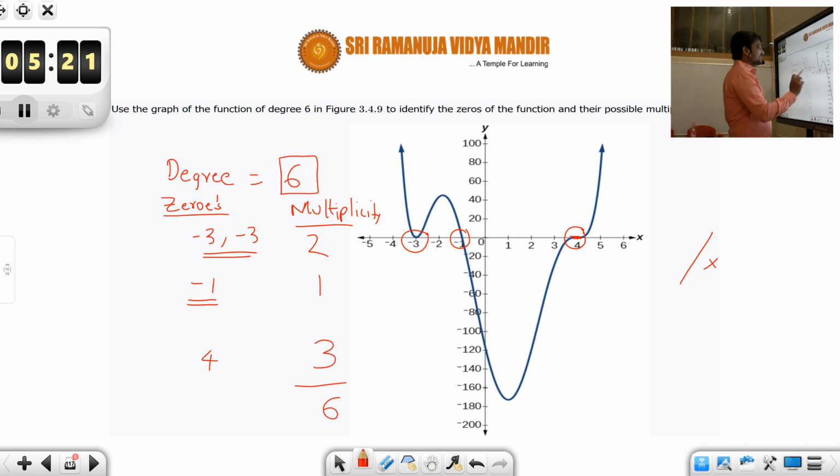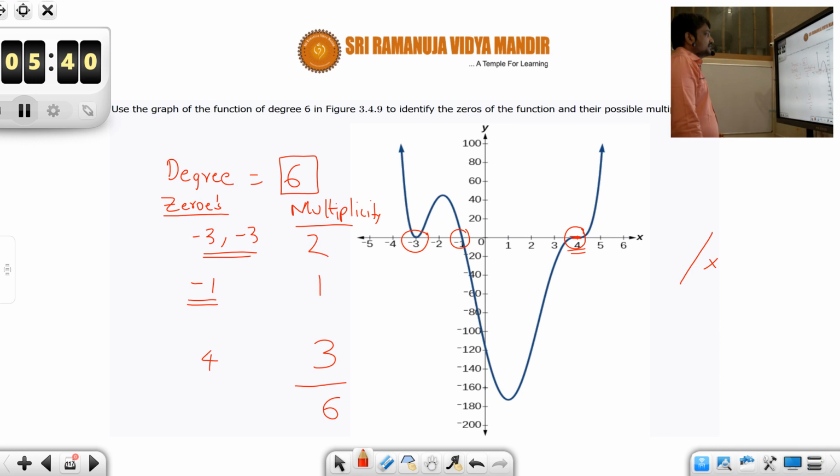-1 is a zero of multiplicity 1, and -3 is a zero of multiplicity 2, because the graph is bouncing back and not crossing the x-axis. The behavior at 4 is that it is flattening and crossing the x-axis.